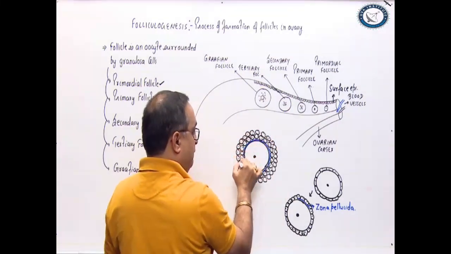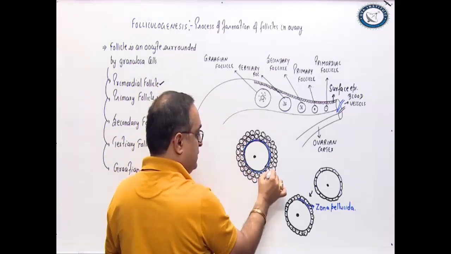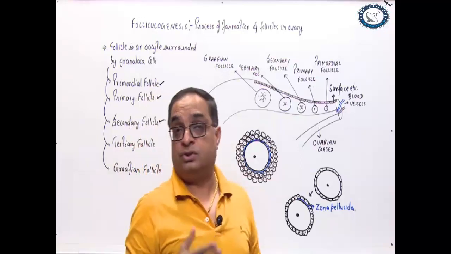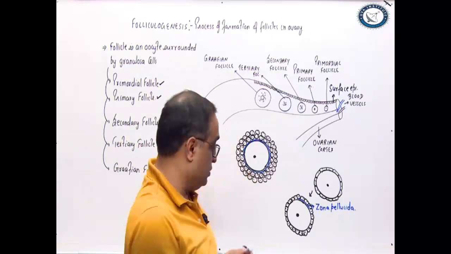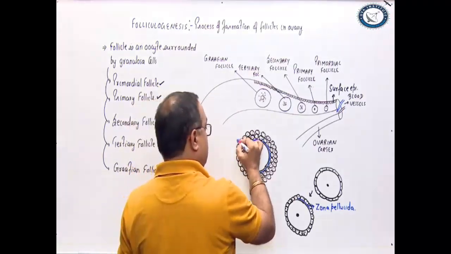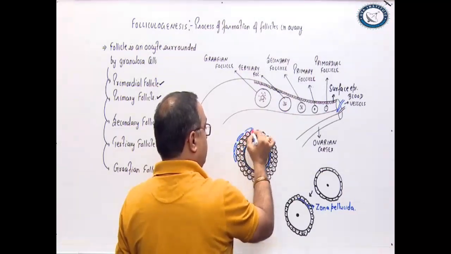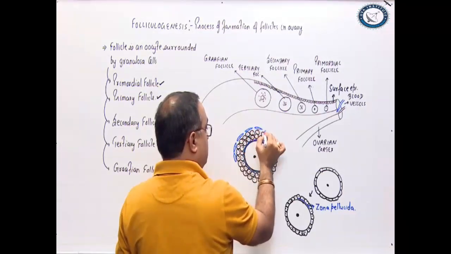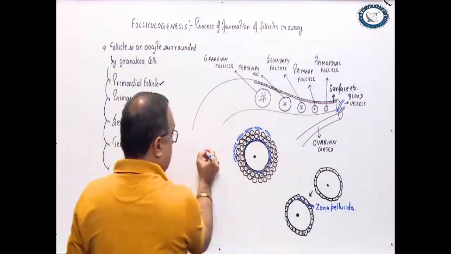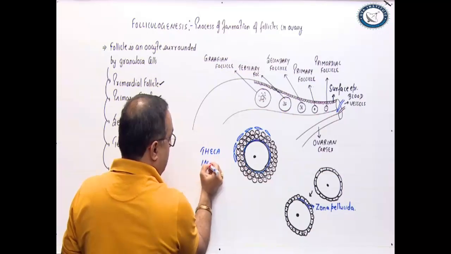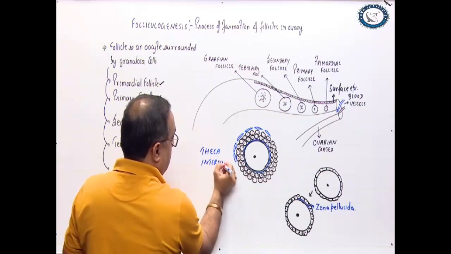So in secondary follicle, formation of zona pellucida is completed and formation of thecal layers, theca externa and theca interna, starts. These glandular and vascular cells are theca interna. So I am labeling here theca interna.